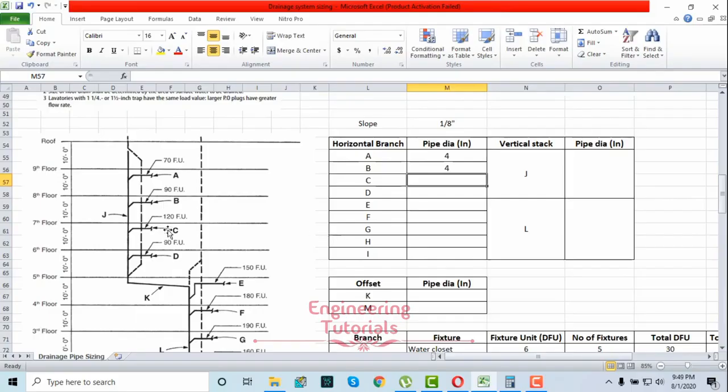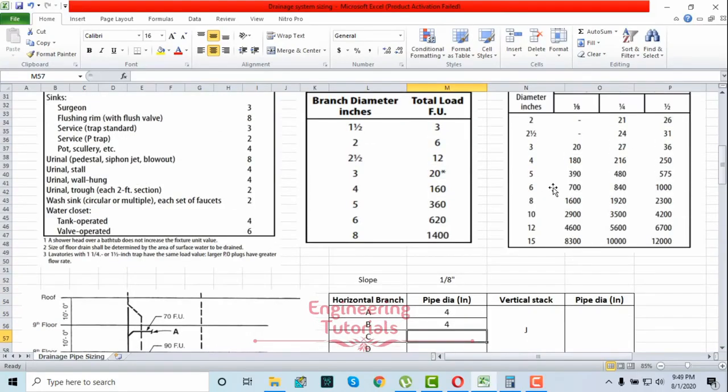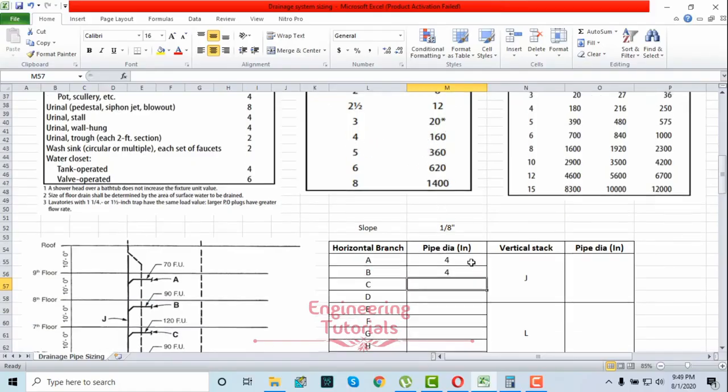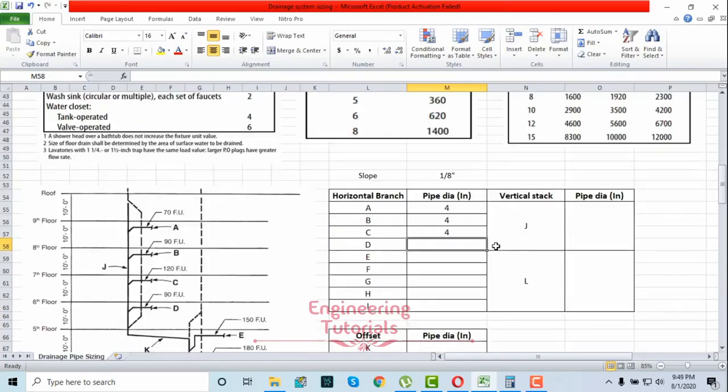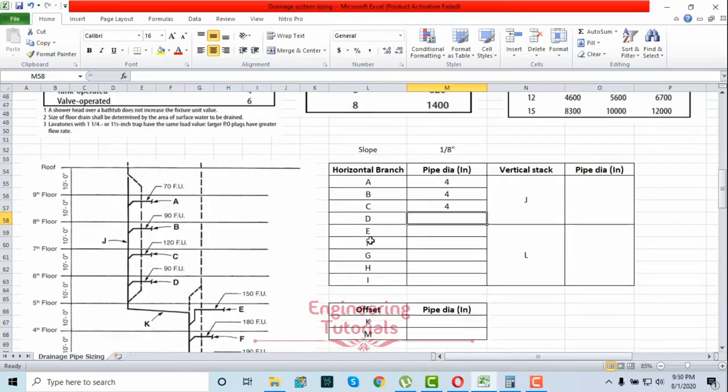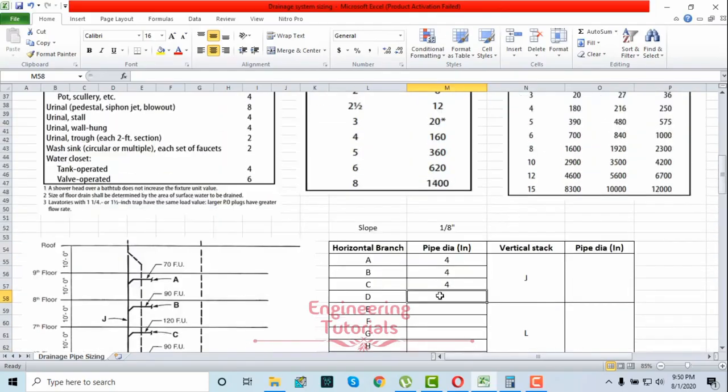In the same way you have to calculate for this 120 fixture unit branch C. 120 fixture units is also between 20 and 160, so we'll go for the higher side, again 4 inches. D has 90 fixture units, which we already calculated for B, so it will be the same, that is 4 inches.